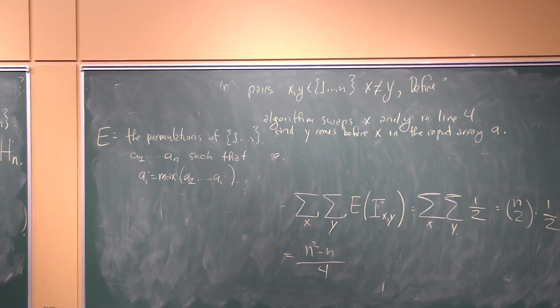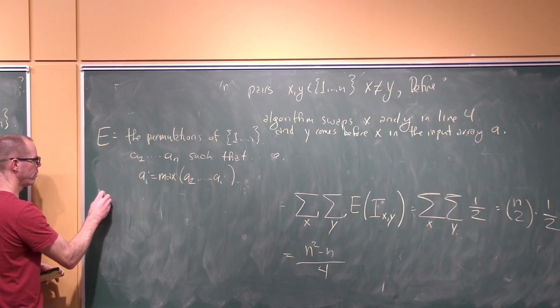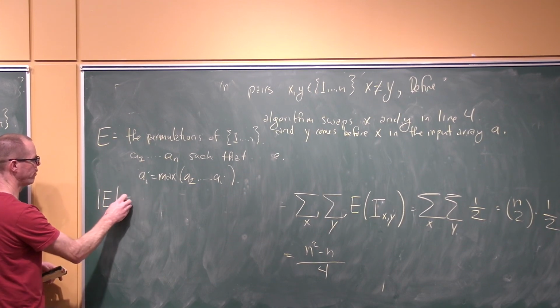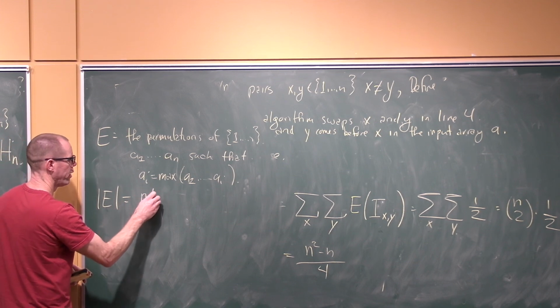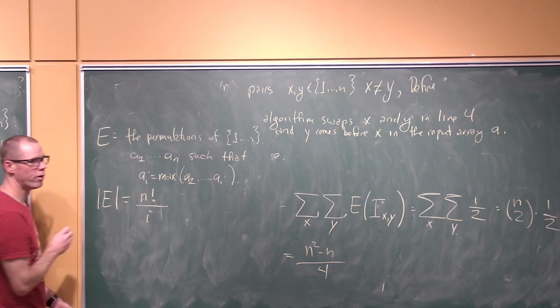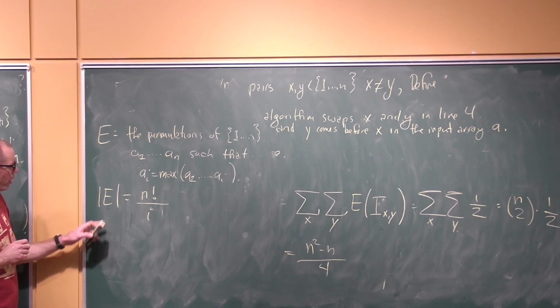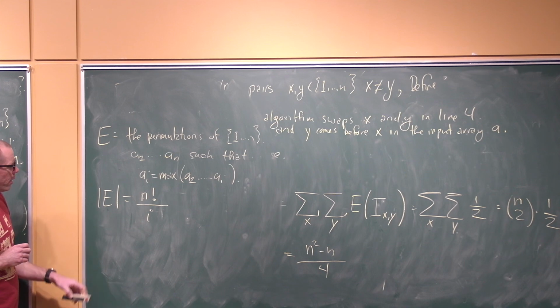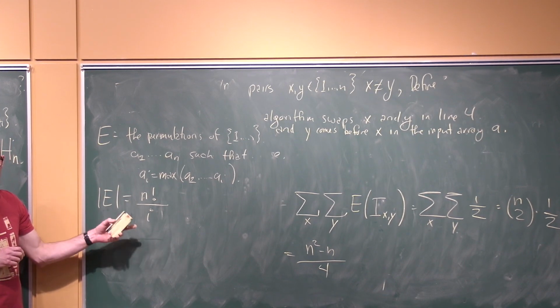So this thing you can count, and if you do it, it's not particularly difficult. In fact, you can look in the textbook if you want. The size of this set is n factorial over I, which means that the probability that you get one of these permutations is the size of this set divided by n factorial, which is 1 over I.